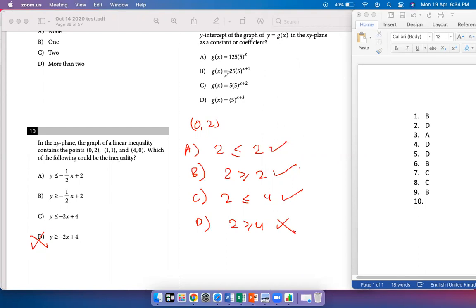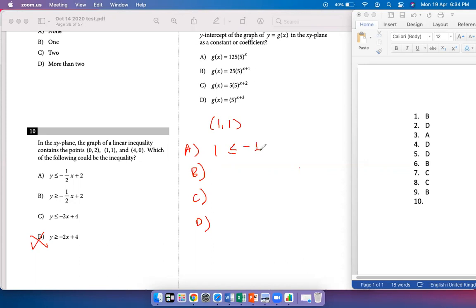Okay, let's do the second one. The second point, my point is (1, 1). So 1 is less than or equal to minus half plus 2, which is 1.5.